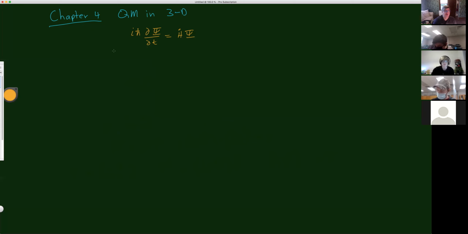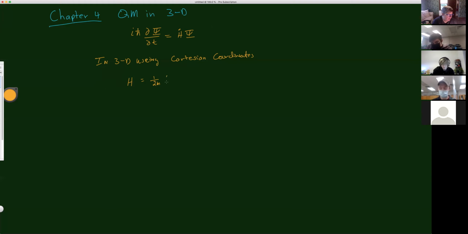Okay, so in 3D using Cartesian coordinates, the Hamiltonian looks like this. 1 over 2m, and actually I don't need the operator sign because I want to write it in terms of momentum first.